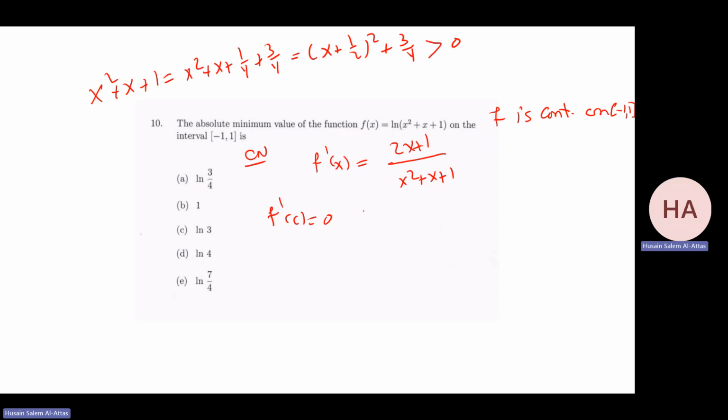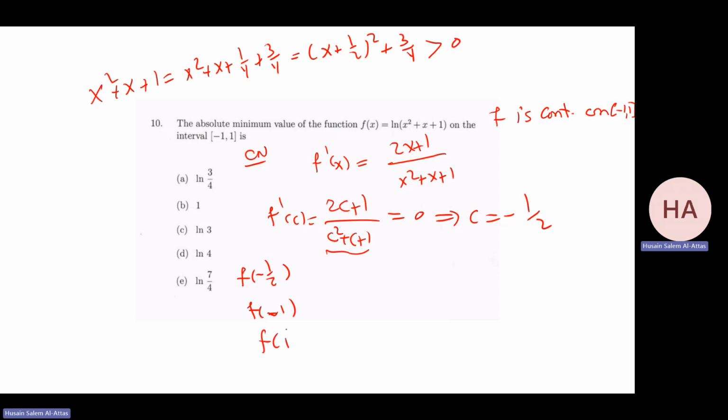So that gives me 2c plus 1. This one cannot be 0, so c equals minus half. So I need to check f at minus half, f at minus 1, and f at 1.